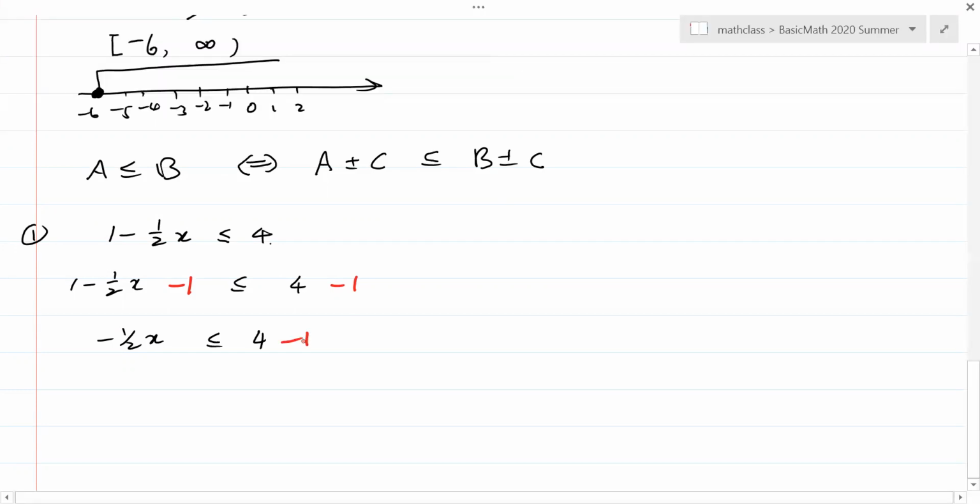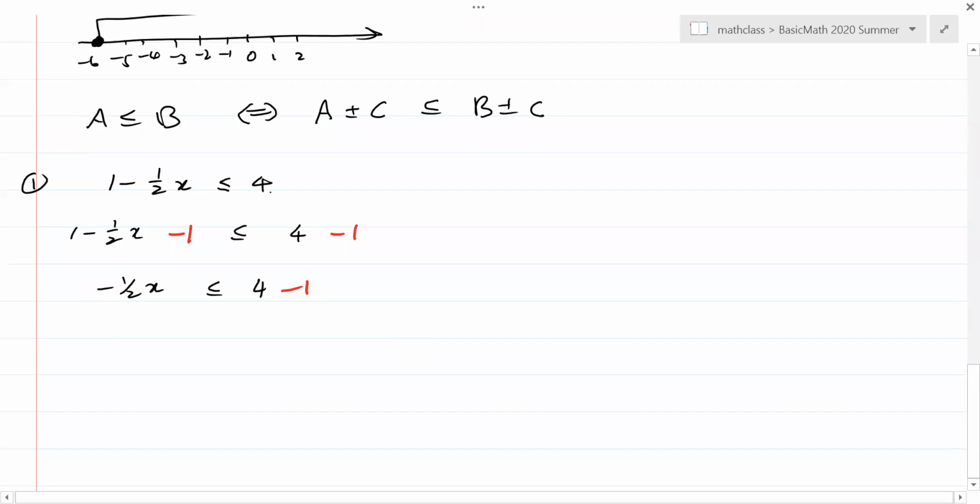If you skip the second step, it looks like you move 1 over to the right-hand side, but then you change the sign. So if you move a term from left to right, don't forget to change the sign. So now -1/2 x less than or equal to 3.